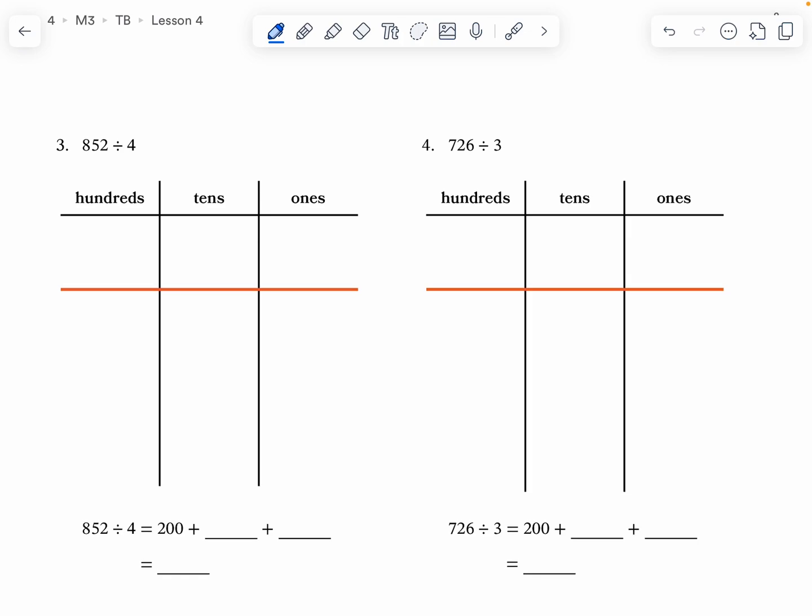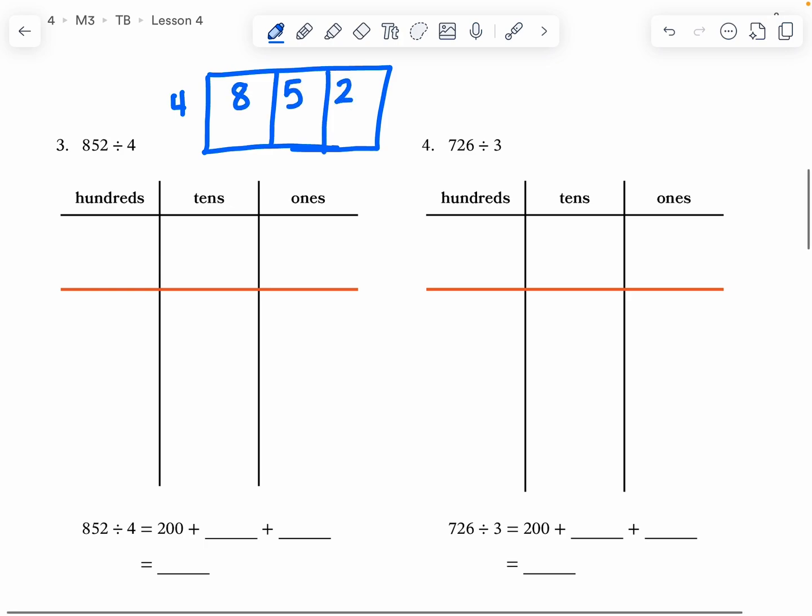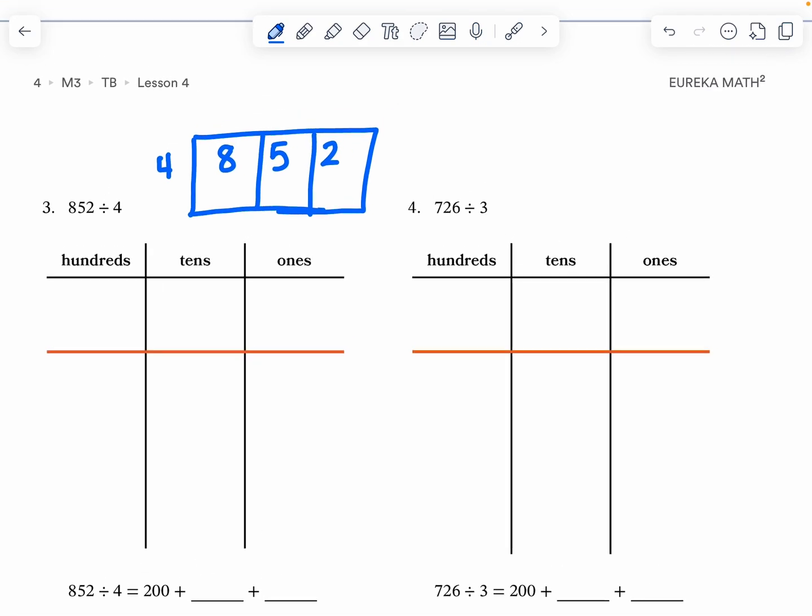So let's check our work. We use box division. 4 will go into 8 2 times. 2 times 4 is 8.